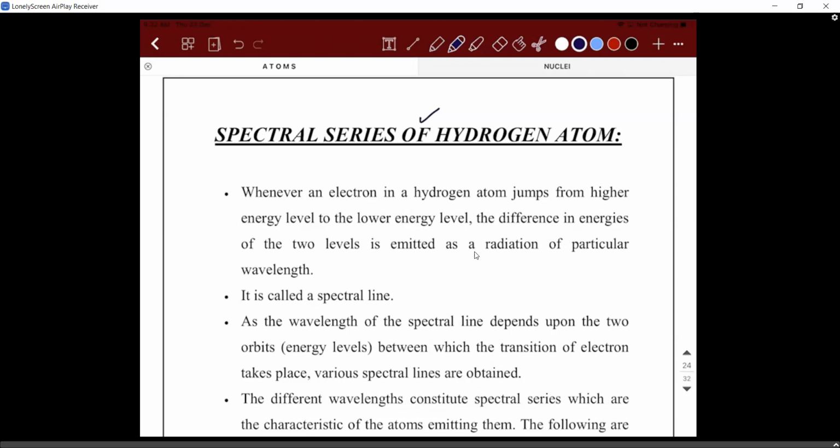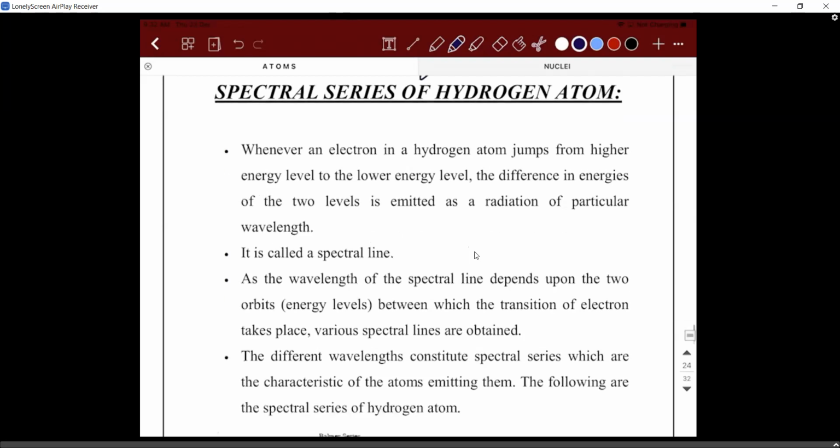Okay, remember this. Whenever an electron in a hydrogen atom jumps from a higher energy level to a lower energy level, the difference between the two levels is released as what? Some energy is released in the form of electromagnetic radiation, which has a particular wavelength associated with it.